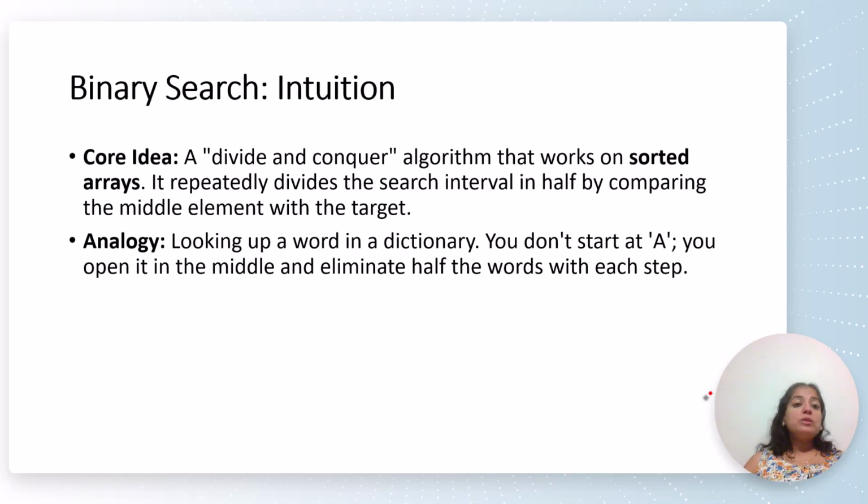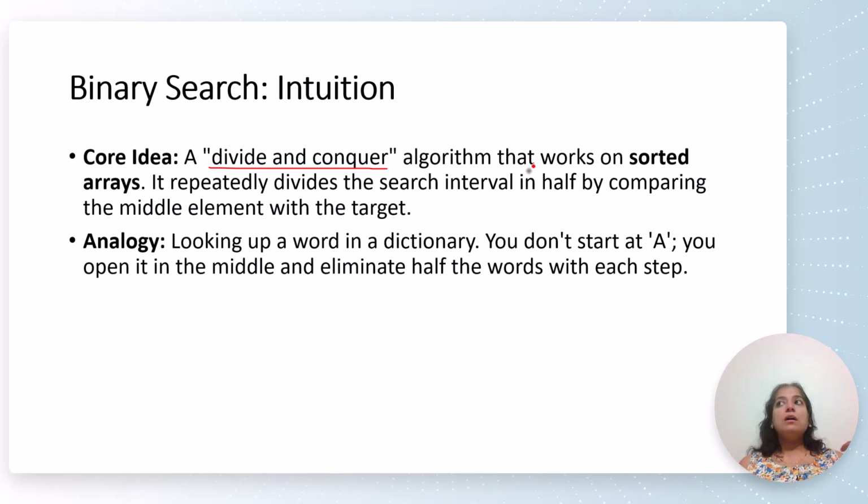Then let's move on to the binary search algorithm. Binary search is based on the divide and conquer strategy. Divide your array every time and go for the portion in which you can find your element.